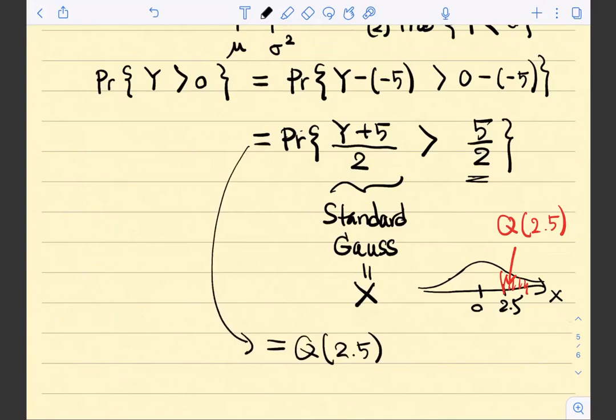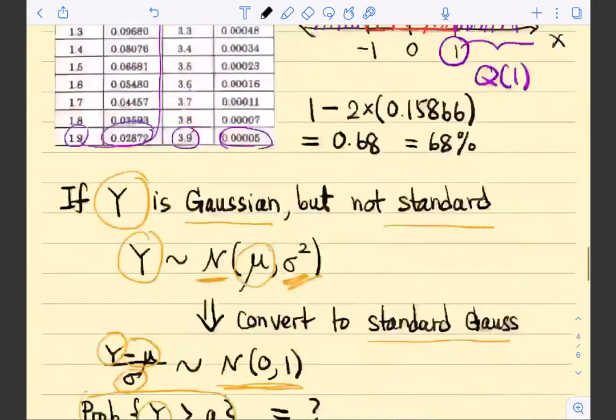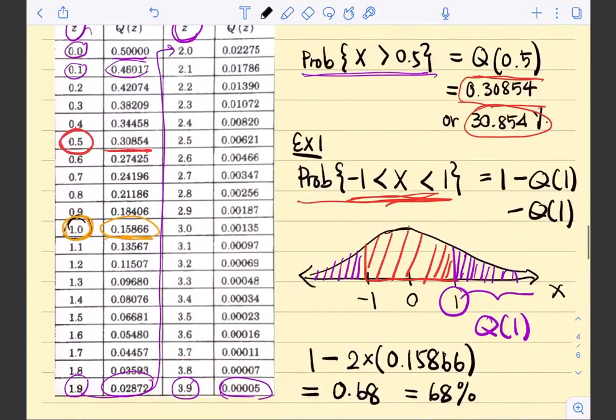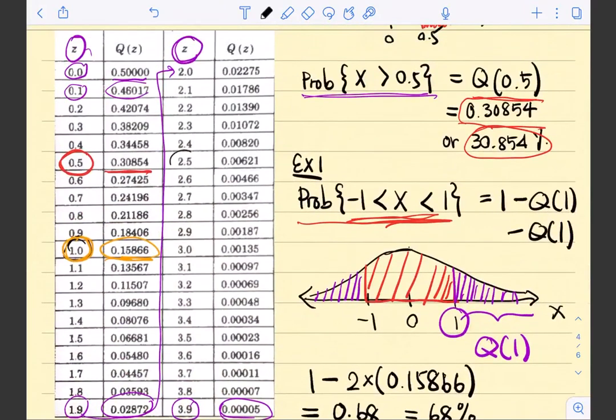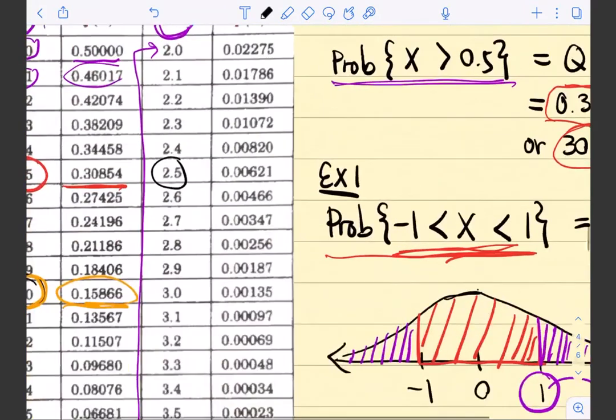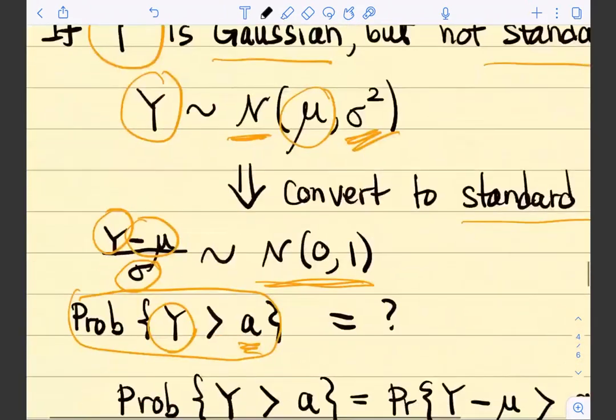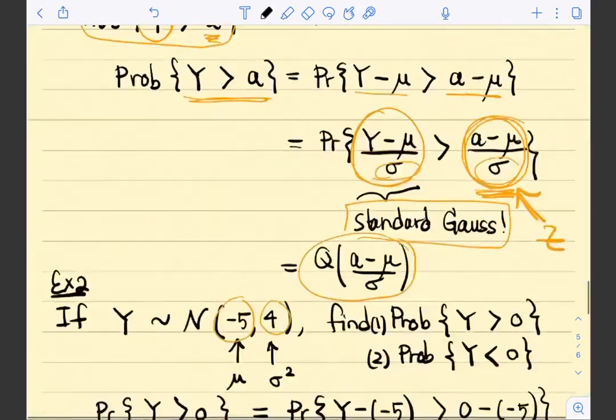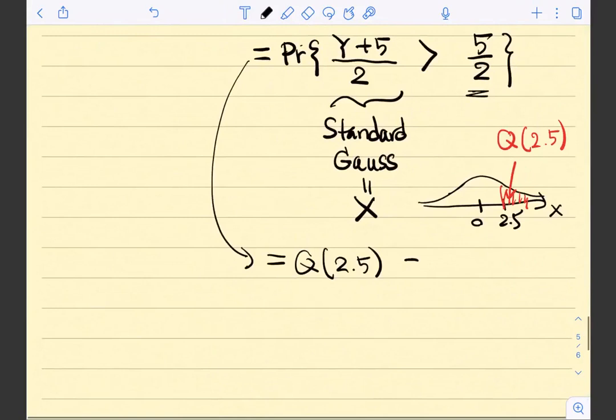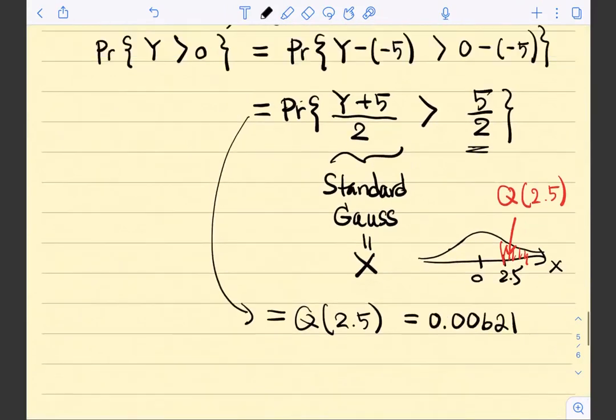Now you look it up in the table. You go back. 2.5 is right here. Q function of 2.5 is 0.00621. Okay, so that's the answer.